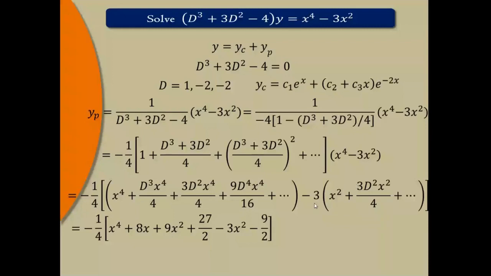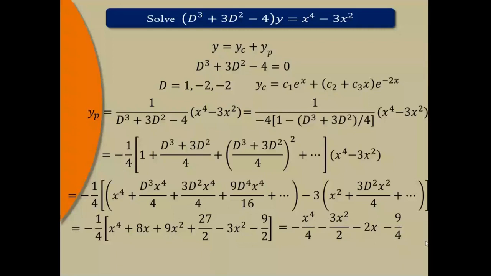And now simplify it, collect all constant terms together, collect all x square terms together, and multiply by minus 1 by 4. So that gives us minus x raised to 4 by 4, minus 3x square by 2, minus 2x, minus 9 by 4. Then add this CF and YP, that gives us the solution.